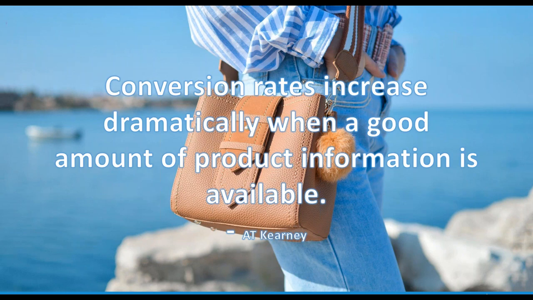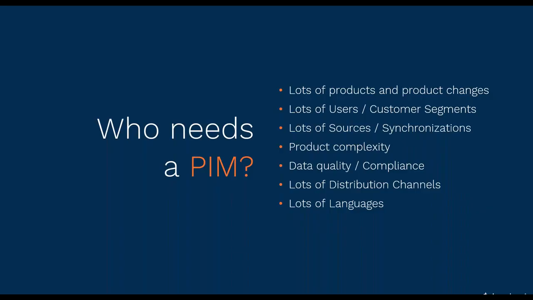In fact, this whole concept of providing more information also reduces returns. So if you have lots of returns, one way of reducing them is providing as much detail of the product as possible. So that's what I'm generally painting here as it comes to a PIM.